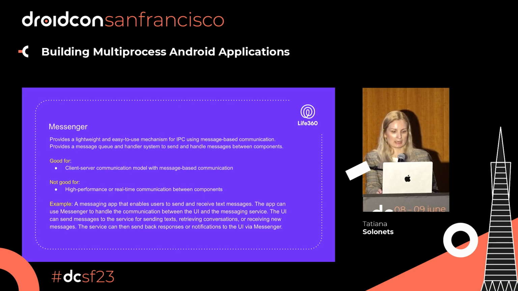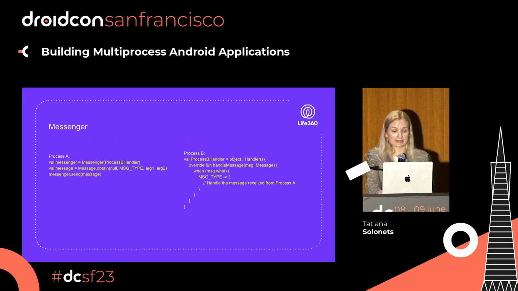However, if you need high performance, right, you want multiple messages going in at the same time, this is not going to be the best choice. An example here is just a text messaging app. If you don't have a lot of messages at the same time, that might work for you to have them in separate processes.